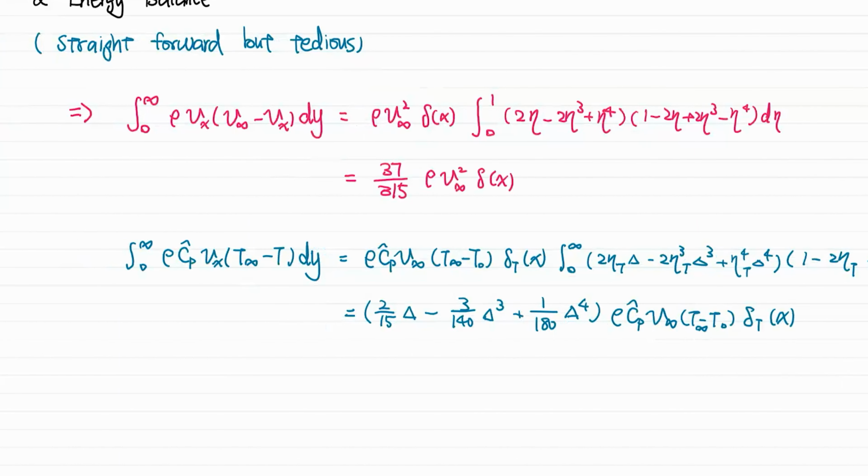Okay, and here eta equals y over delta, and eta sub t equals y over delta sub t, which is y over delta T of x.